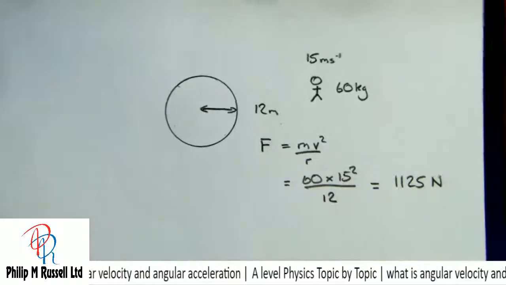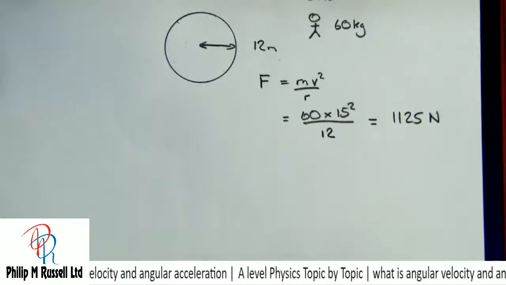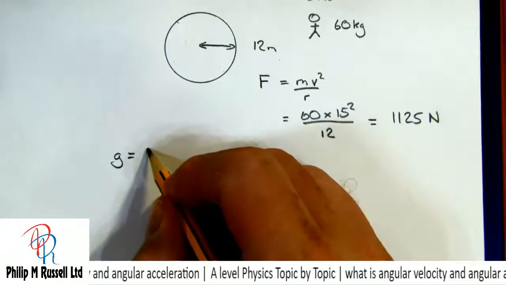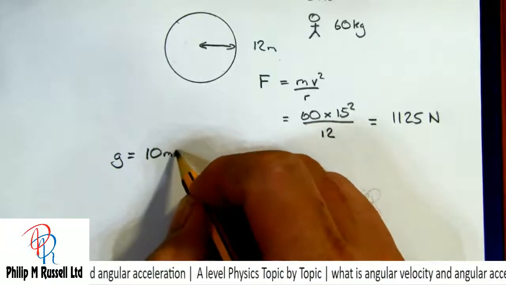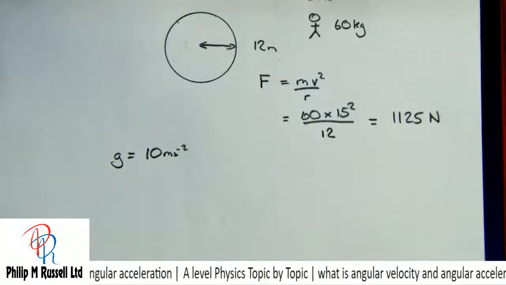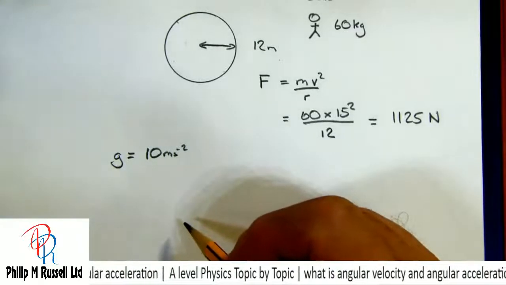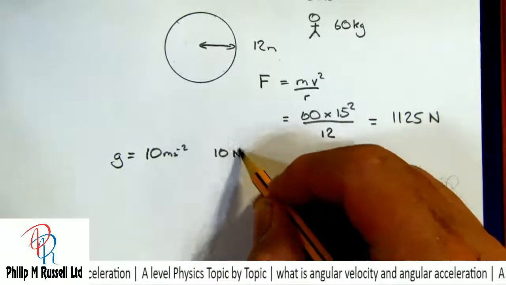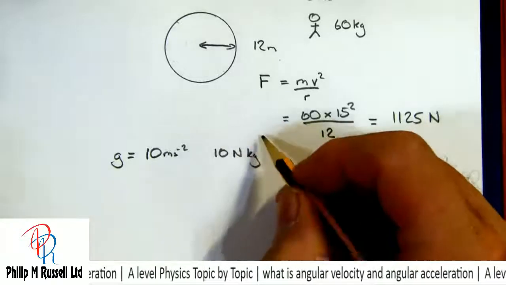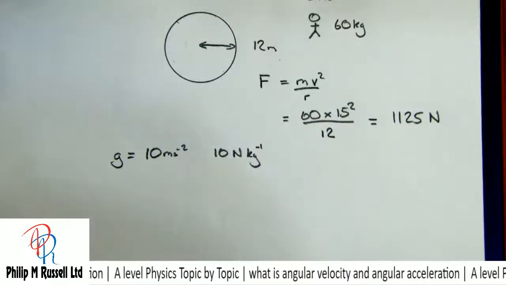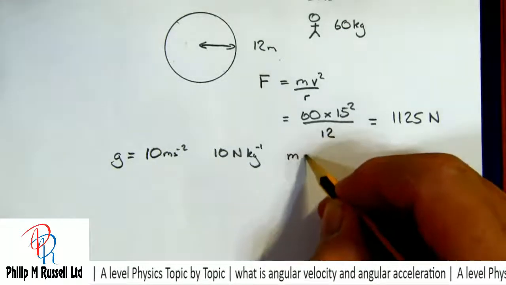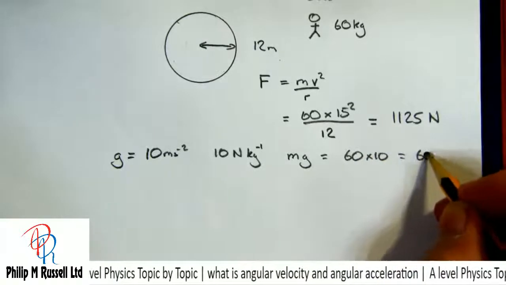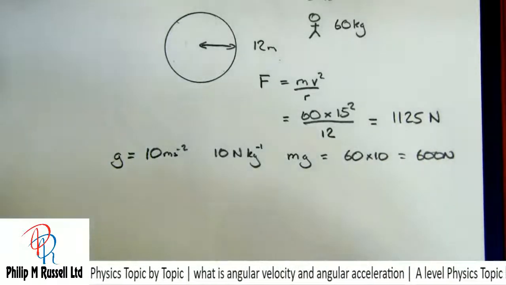Right, so let's see if we can make things easy. Gravity we know is going to be, for my ride, 10 meters per second squared, because I like that. Or if you prefer, we could think of this as 10 newtons per kilogram. So the passenger's mg is going to be 60 times 10, which is going to give us 600 newtons.